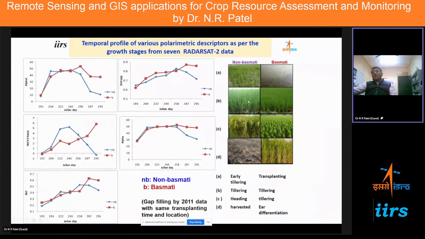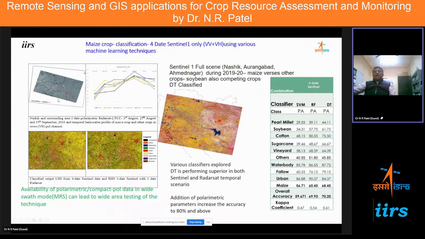Also, you can understand the stage of how the crop is developing. So with multi-date data, you can get information about phenological stages, the crop growth stages, as well as the crop type. Here you can see we have used multi-date data for maize classification.